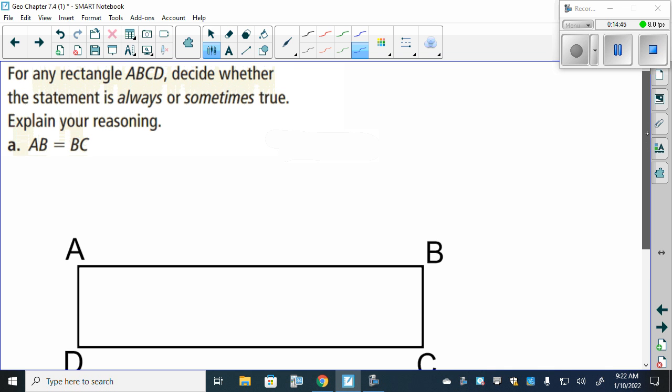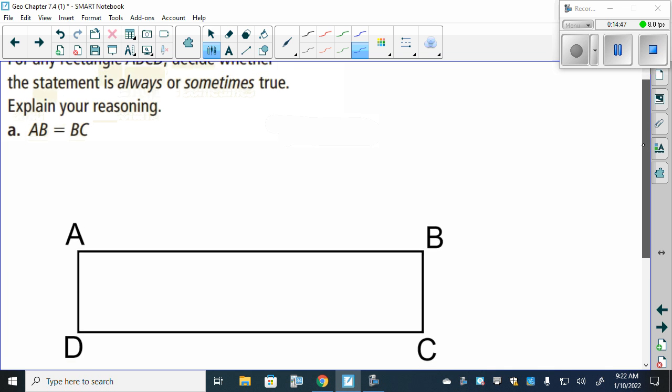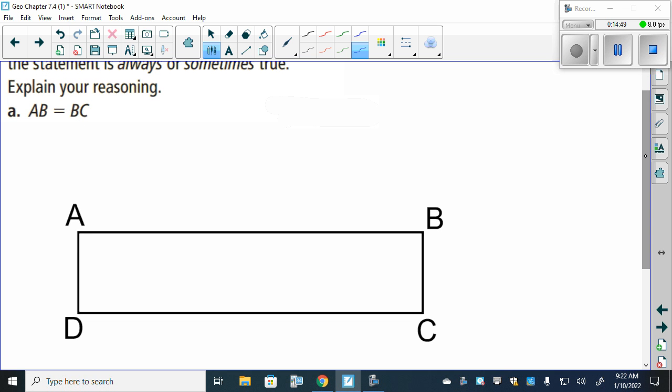For any rectangle ABCD, decide whether the statement is always or sometimes true. Well, what do we know about a rectangle? Four right angles. We also know that it's a what? Quadrilateral, more specifically a parallelogram, because any of these here are going to be parallelograms.